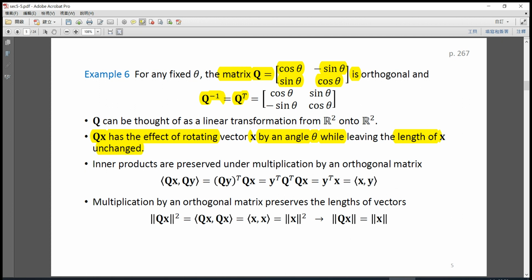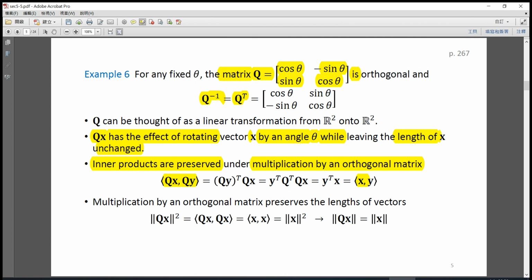To prove this, consider the following two properties. The first property is that inner products are preserved under multiplication by an orthogonal matrix. That is, the inner product of Qx and Qy equals the inner product of x and y.